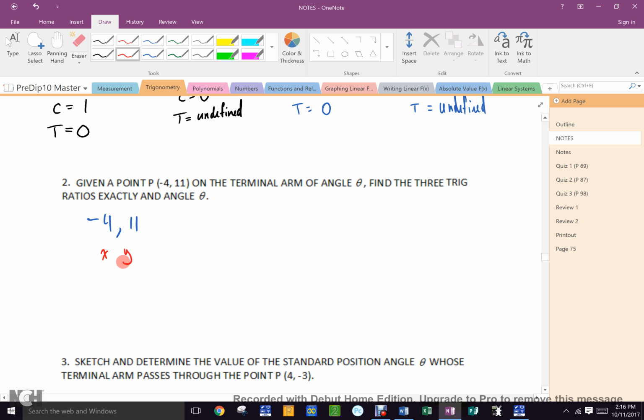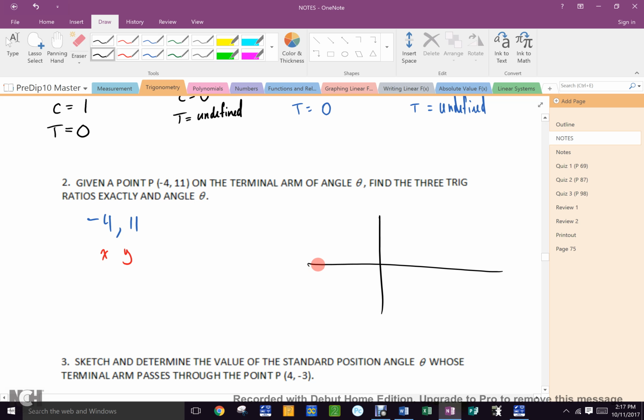Everyone agrees? Now, I'm going to do two things here. I'm going to draw this for those of you that are visually minded, and then we are also going to do algebra for those of you that are not as visually minded. Mind you, you need to be able to work in both. Do you follow me? So let us draw it first. Where is -4, 11?